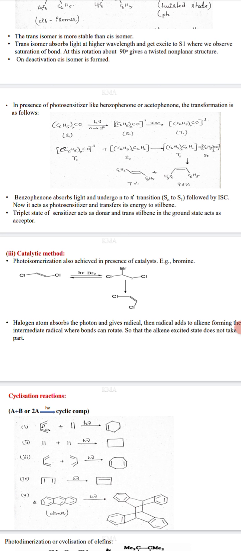It converts from singlet ground state to the singlet excited state, followed by intersystem crossing. Now it acts as a photosensitizer and transfers its energy to the stilbene. Triplet state of sensitizer acts as donor, and trans stilbene in the ground state acts as acceptor. So now we can see stilbene. We have got a cis isomer of 93%, trans isomer of 7%.